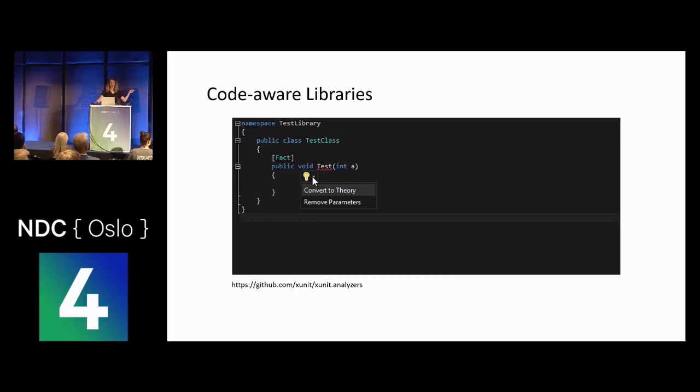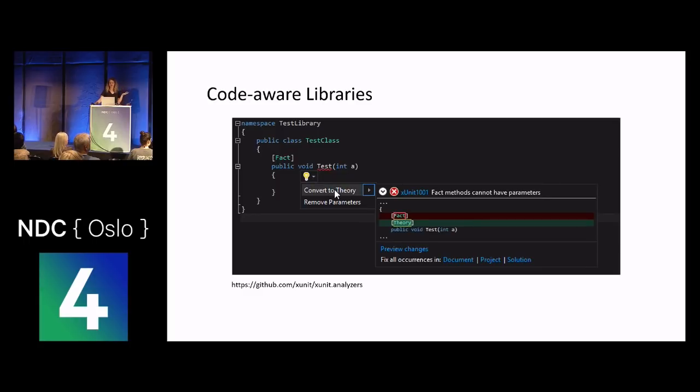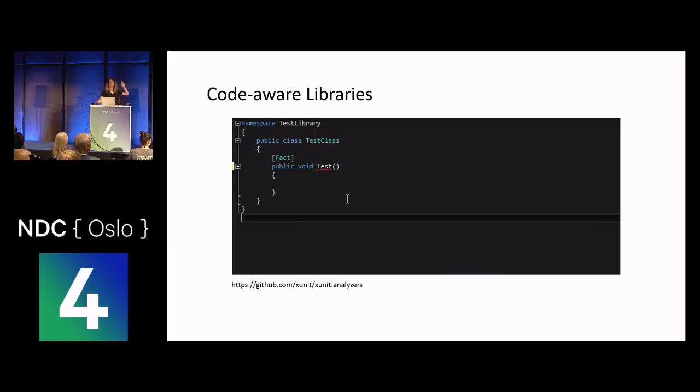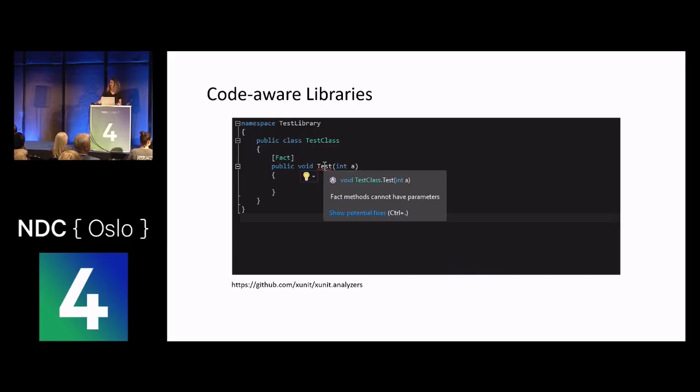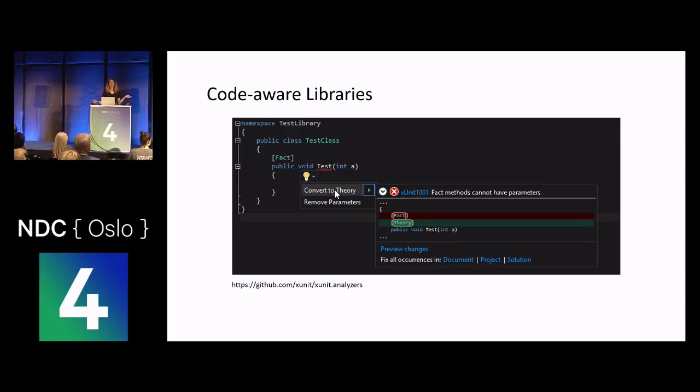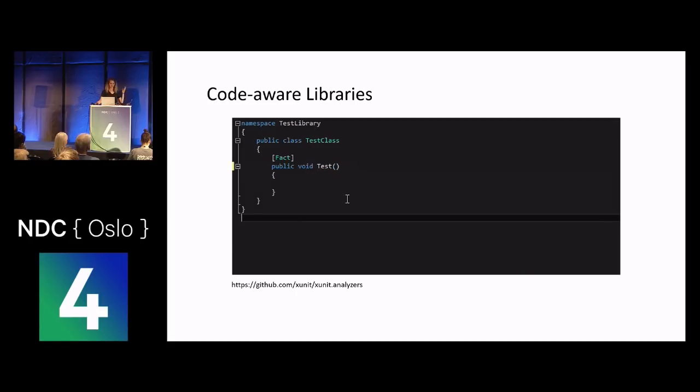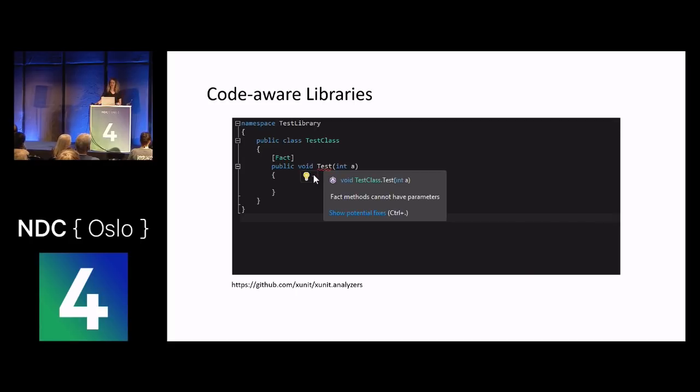Here, people were using the attributes incorrectly for different types, and so they offer the fixes to help you make it actually compile and work based on how they do their library. So if you're a library author, you can use these to help enforce the right way of using your APIs. That's another reason why you might want to look into writing these.